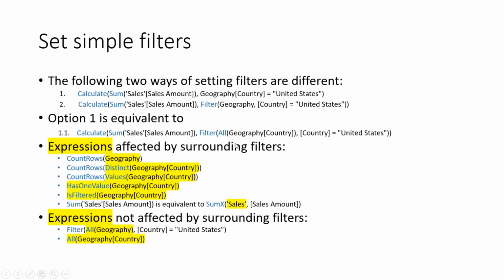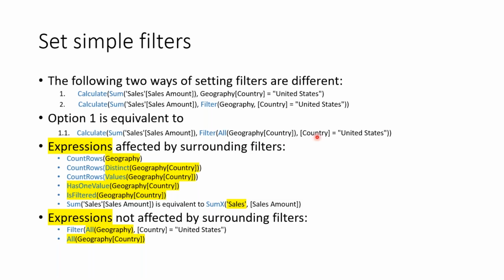And when you set a filter, sometimes you do want the double filter semantics. But for many users, if you are not sure which semantics you need, do I need the ALL semantics or do I need the filtered semantics? If you are not sure, always use the ALL one, because that should be your default option.